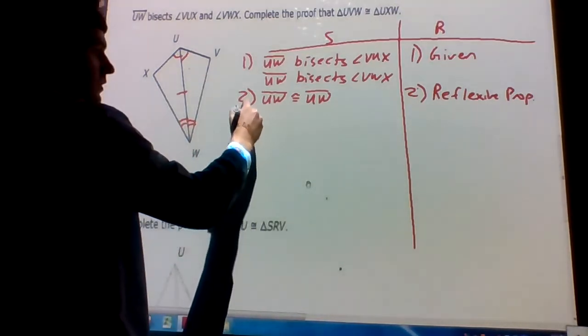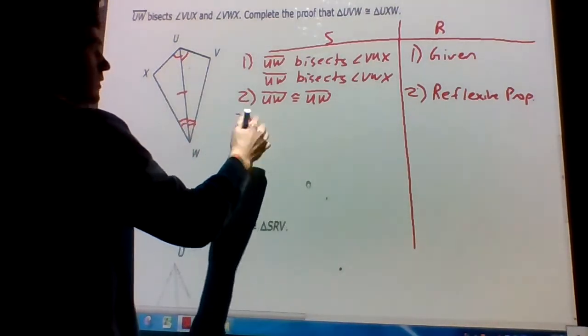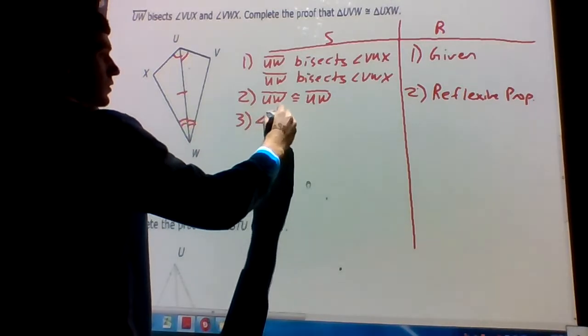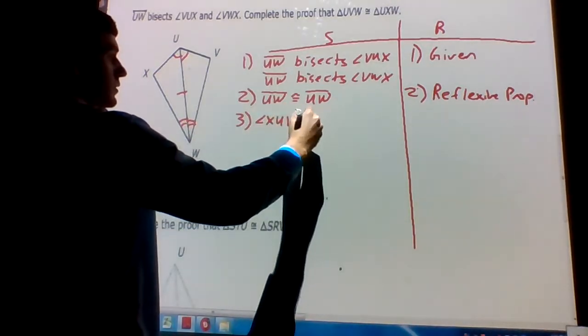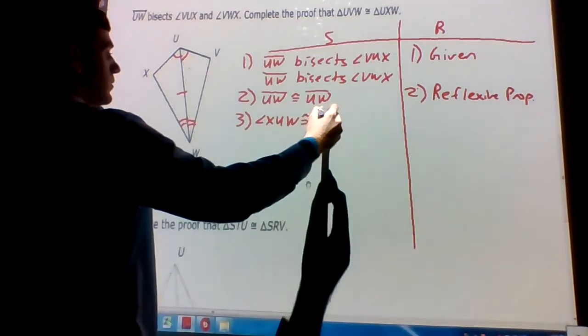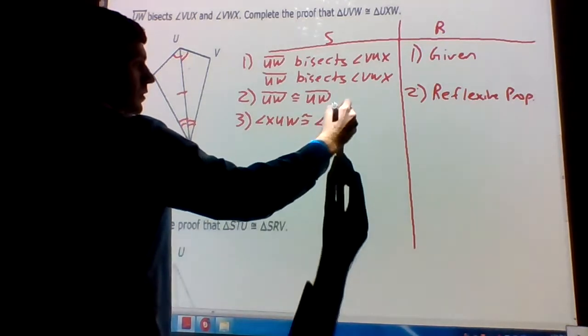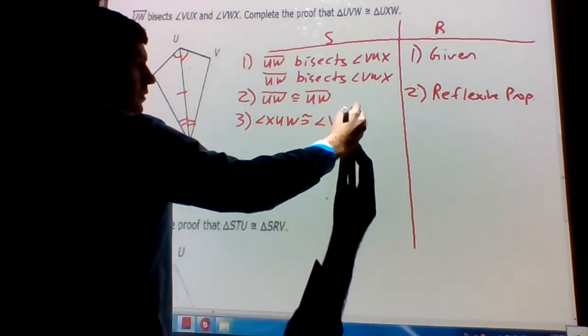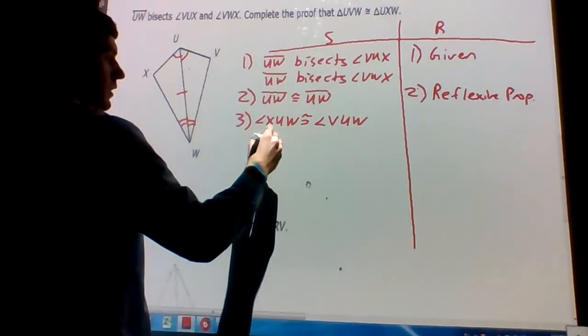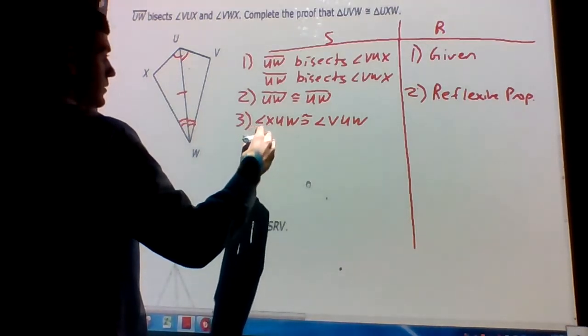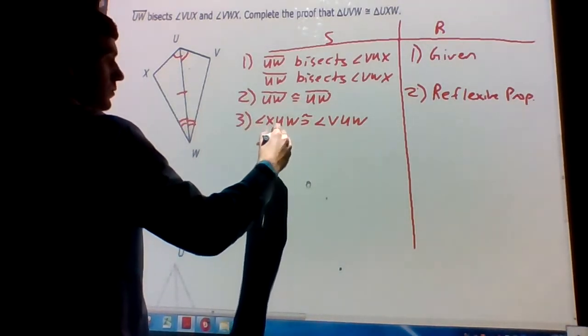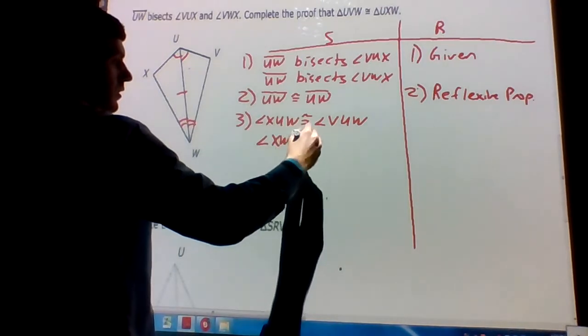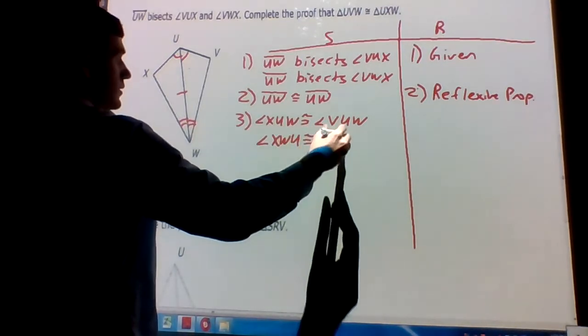So for step 3 here, you can do this as 2 steps or just one. We know that angle XUW is congruent to angle VUW. And we know that angle XWU is congruent to angle VWU.